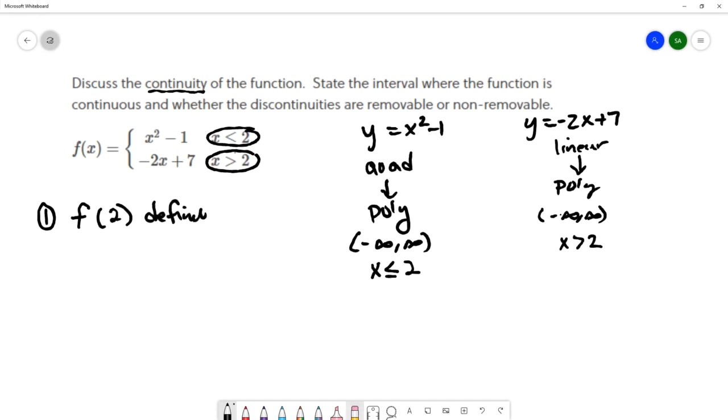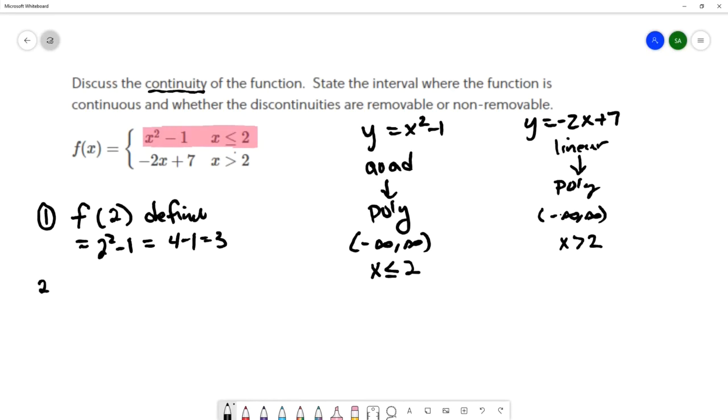So I'm going to erase my circles here so we can see this first equation is the one we're going to use to define f at 2 because it has the equal to. So we have f of 2 being 2 squared minus 1. 2 squared minus 1 would be 4 minus 1, and that's 3. So the function is defined at x equals 2.